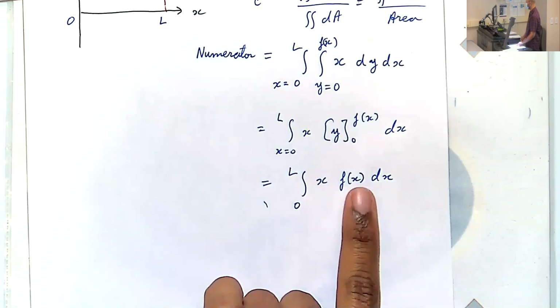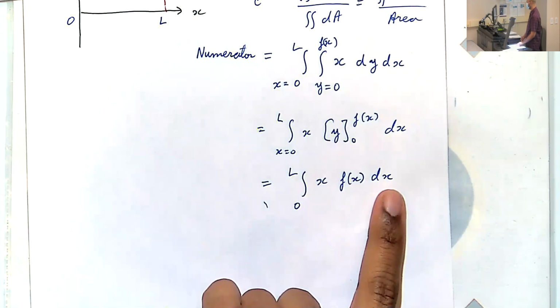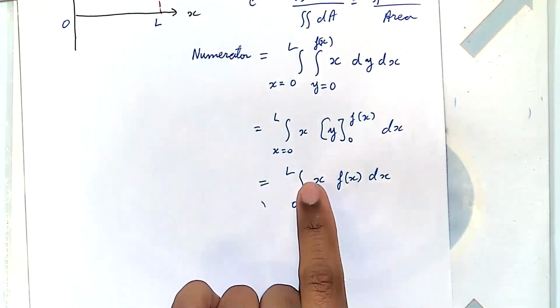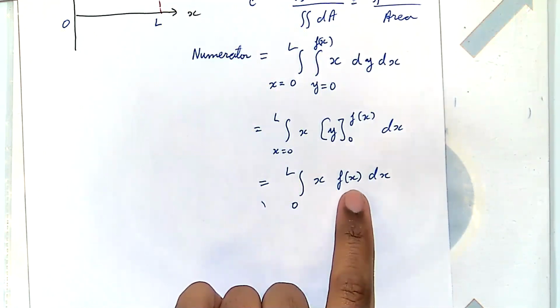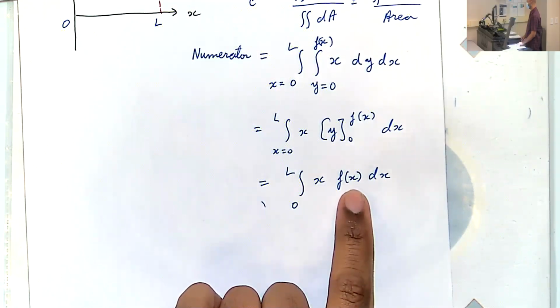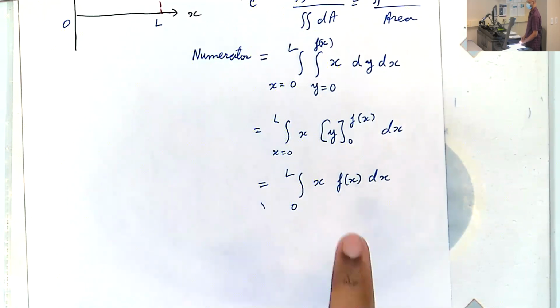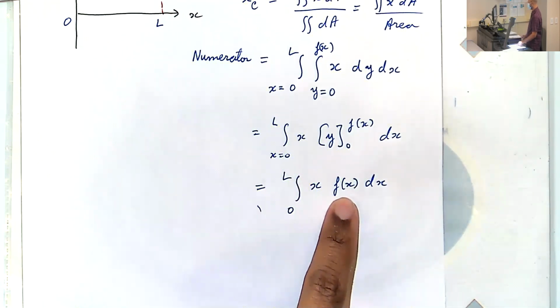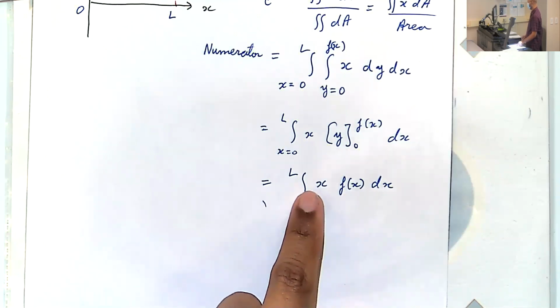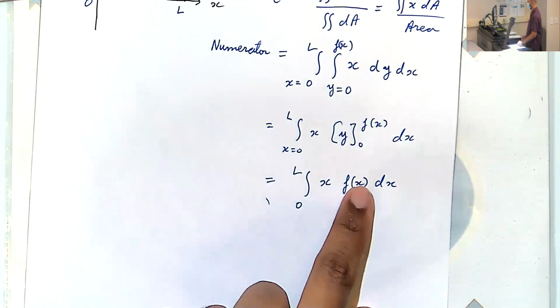What's the integral of x f of x dx? X squared over 2. Do a substitution. Okay, all right. So it's not x squared over 2 because f is not a constant. If this were a constant, yeah, it would be x squared over 2 times whatever the constant is.